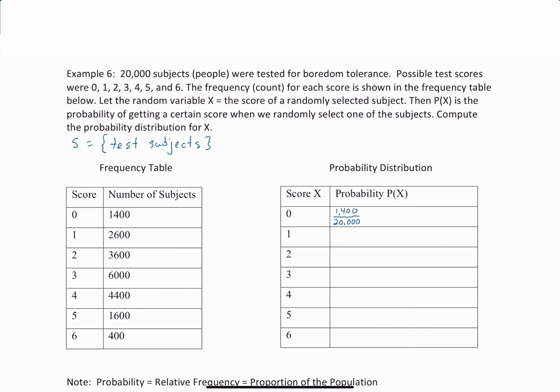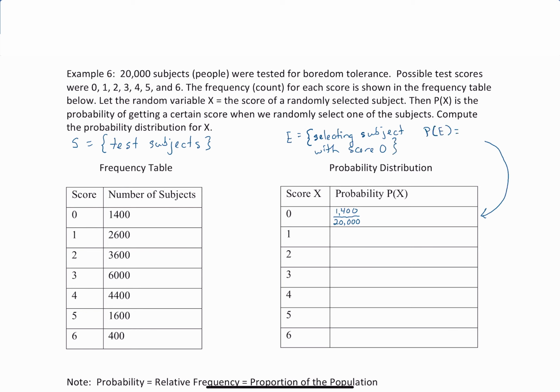So what I'm thinking about here is we have this event, and the event is that when I select that person, I select a subject with score 0. Then what's the probability of that event happening?